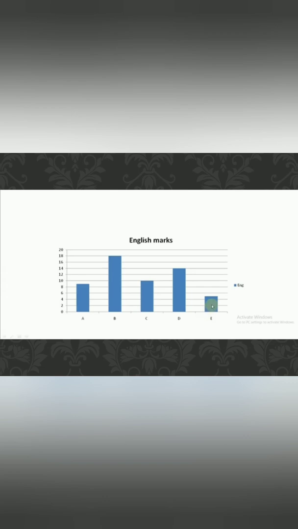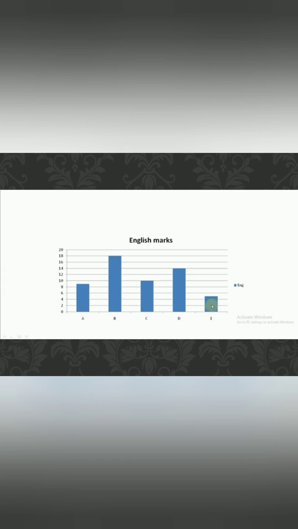To understand the topic, see the picture first. You are watching a chart on the screen. This chart is describing the marks of different students. The students are A, B, C, D and E. The marks are out of 20.